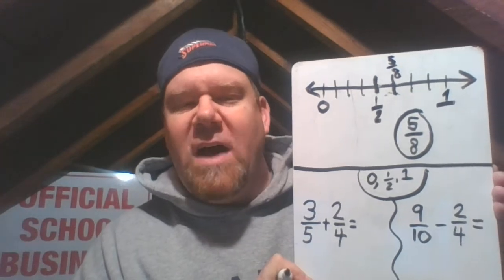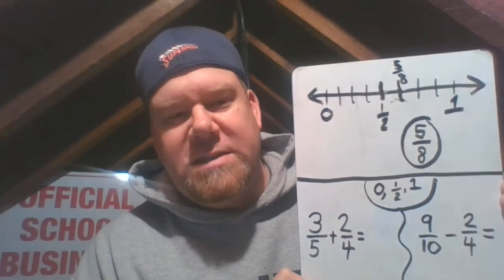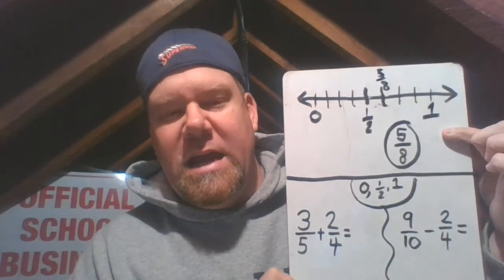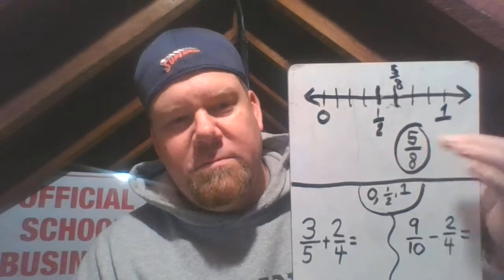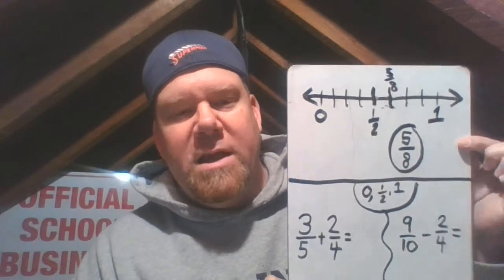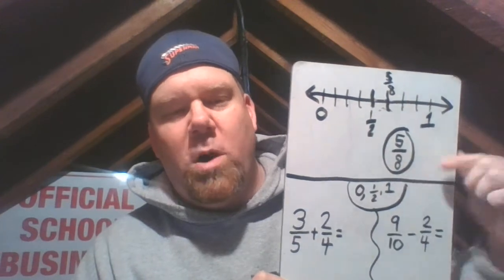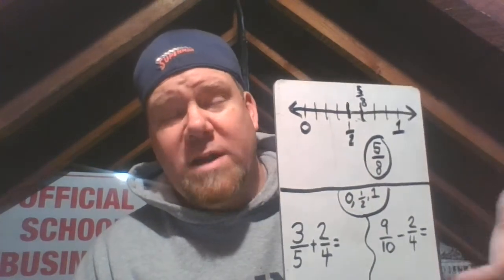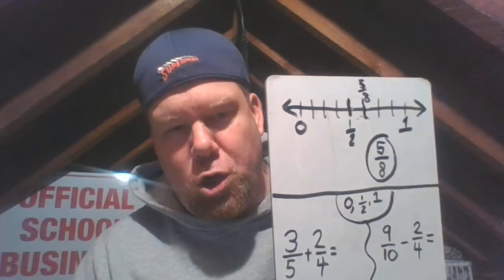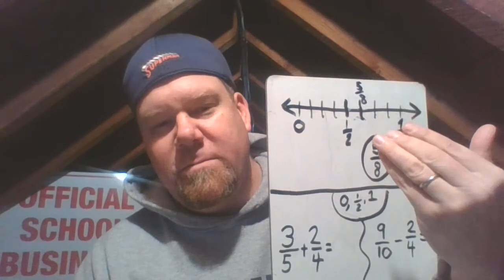Now, what is 5/8 in between? What two quantities? As you can see, it is between 1/2 and 1. It's not in between 0 and 1/2, it's in between 1/2 and 1. Now, besides us knowing what it's in between, what is it closer to? Is it closer to a whole or is it closer to a half?